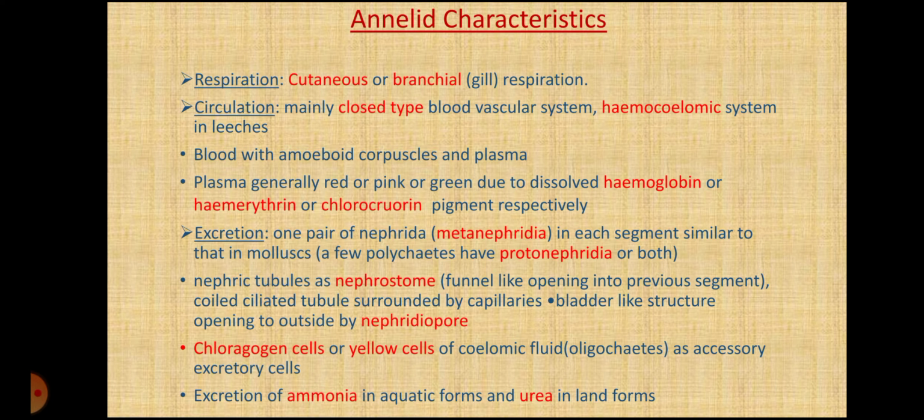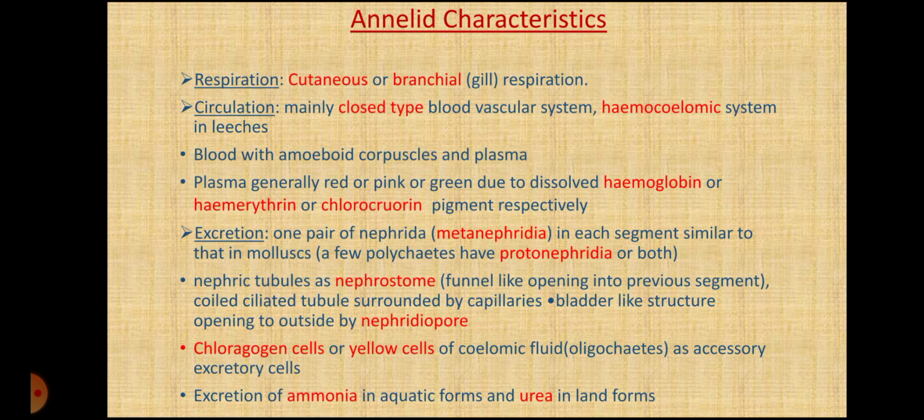Then next we talk about the circulatory system. The circulatory system is mainly of the closed type. Annelids are the first animals to have the blood vascular system. In most annelids it is closed type, while in leeches it is a hemocoelomic system.